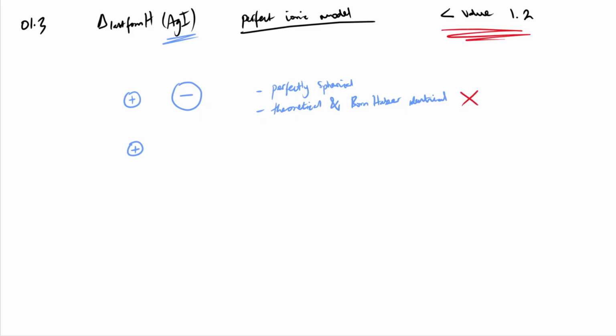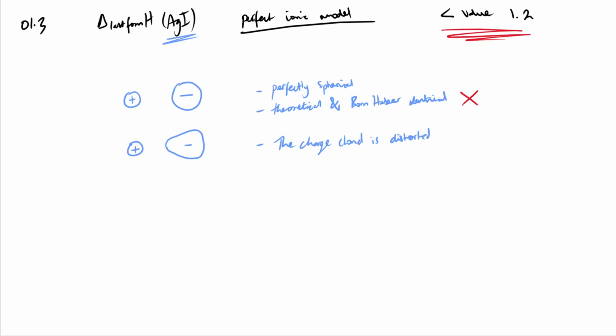We're going to have our positive cation here, but instead of it being perfectly spherical, what happens is the negative anion, the charge cloud gets pulled slightly towards the positive in a covalent manner. So the electrons get pulled towards this positive and attracted. And what we say then is that the charge cloud is distorted. The charge cloud is distorted.